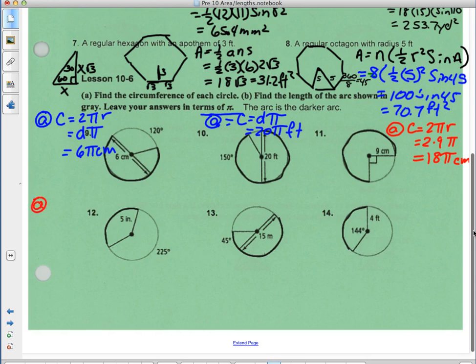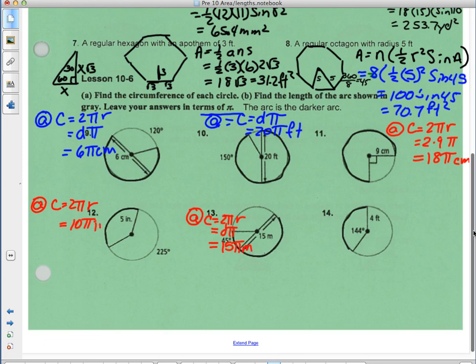For the A part, circumference is 2 pi r, and my radius is 5, so I got 10 pi. And my A in 13, I've got 2 pi r again for circumference. My radius is 7.5. My diameter is 15, so I'm going to grab the diameter. It's 15 pi.